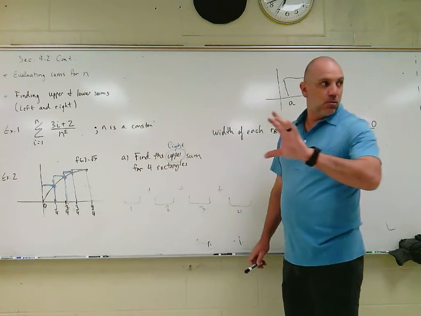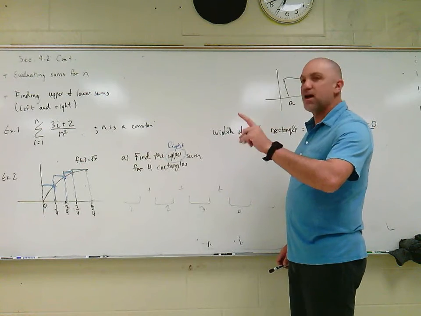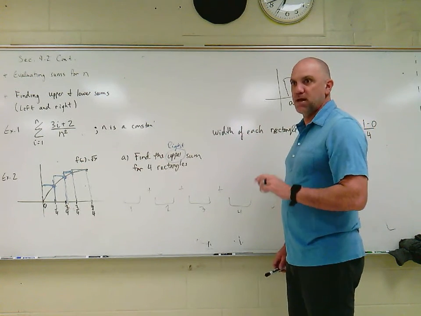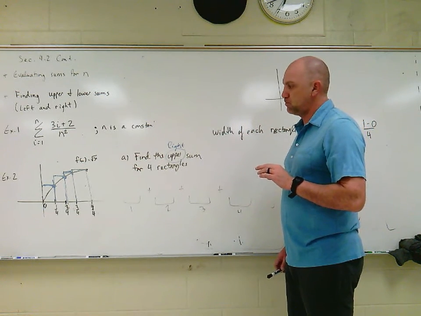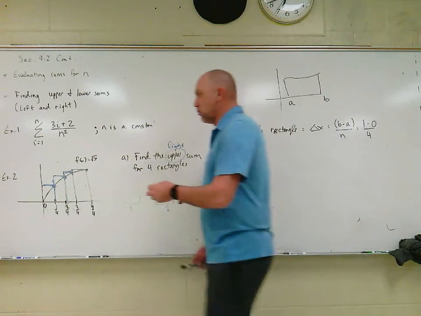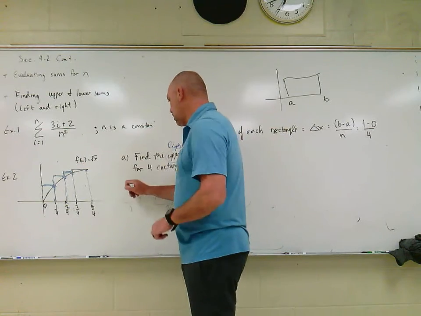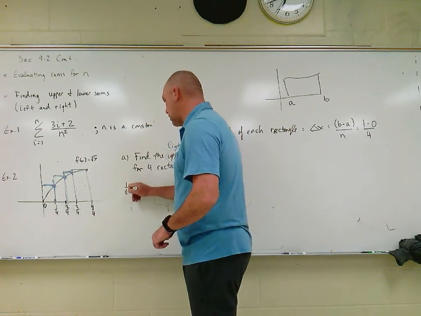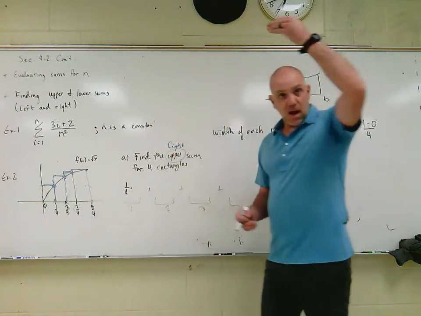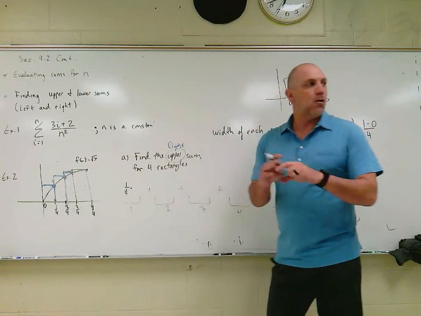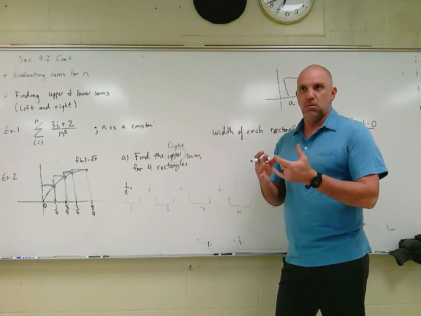Each rectangle should have the same what? What do they have that's the same? The width. So we already know the width: 1/4, 1/4, 1/4, 1/4. Now I need the height, but I'm going to write it in notation.